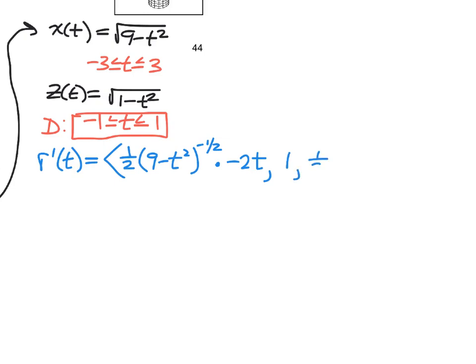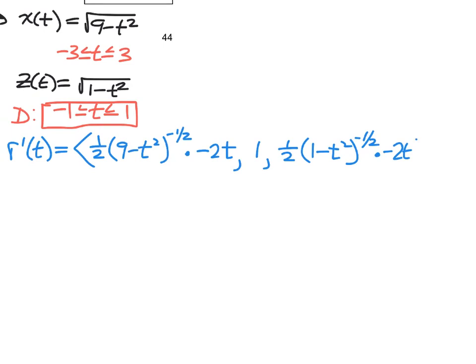And the z component, same stuff, 1/2, but this time 1 minus t squared to the negative 1/2 times negative 2t. All right, so that's what would have to go into my integral on negative 1 to 1, the magnitude of r prime of t, dt. So we'll try it in the calculator. If it doesn't work, it doesn't work, but at least we'll have tried.